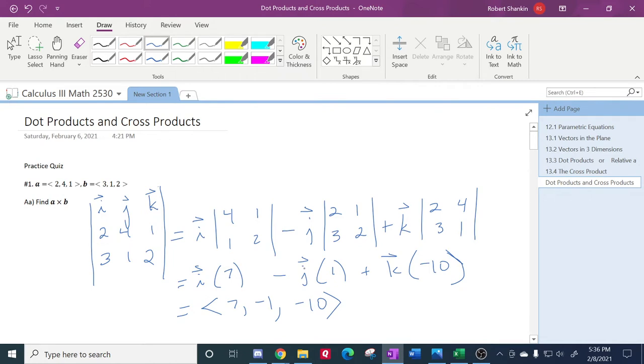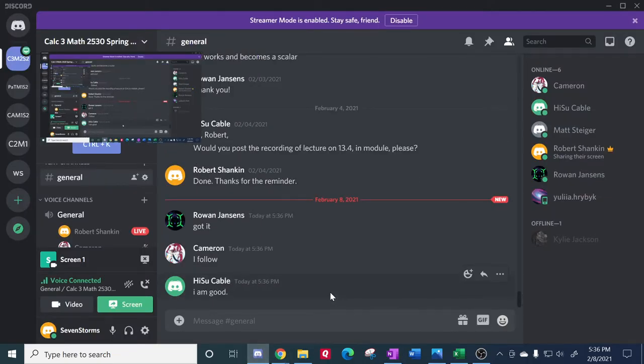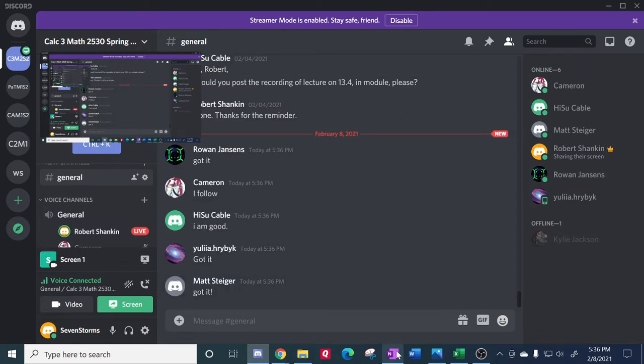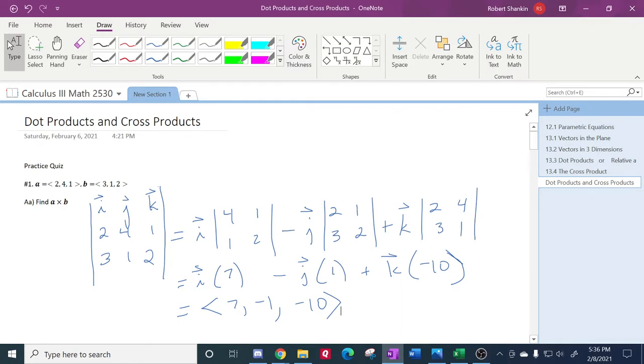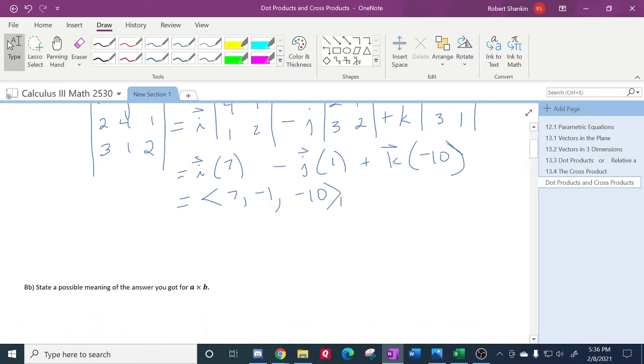Okay, give me a little bit of feedback on 1 part A. Let's go to 1B. State a possible meaning for the answer you got in A cross B. And if you're feeling up to it, give another possible meaning, as many possible meanings as you can for this vector.